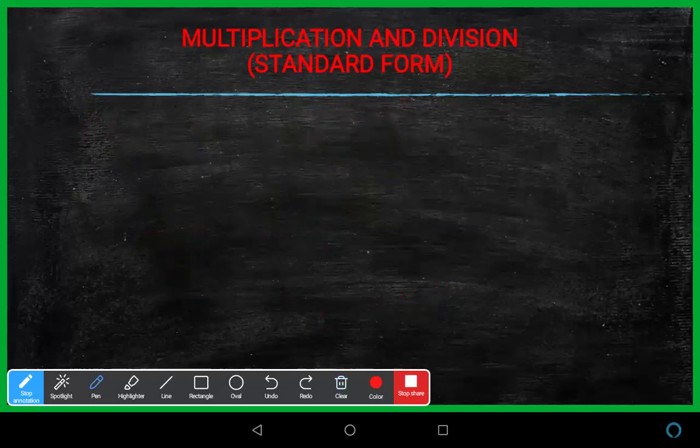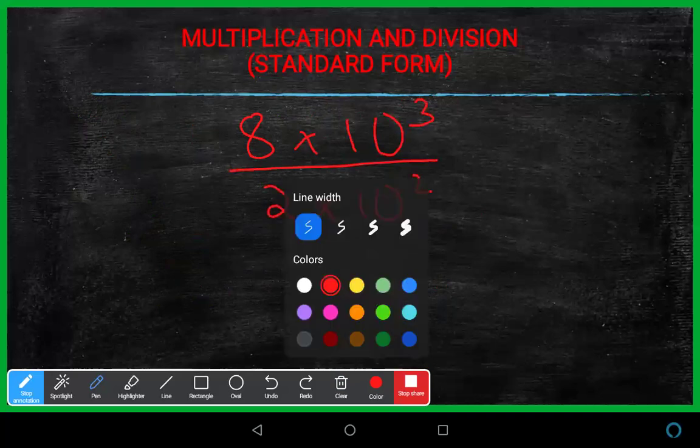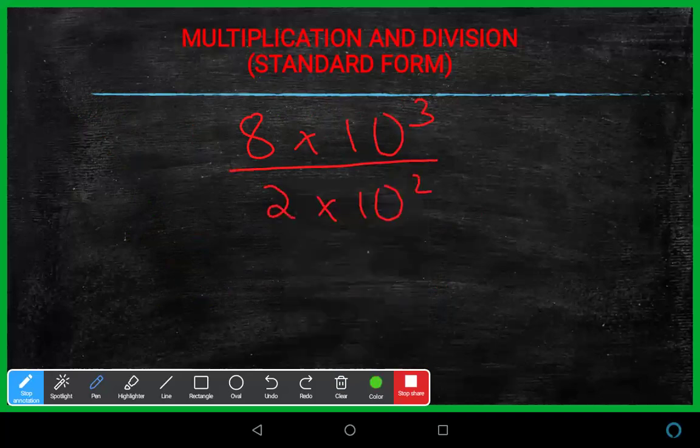Now, division. For example, 8 multiplied by 10 to the power 3 divided by 2 multiplied by 10 to the power 2. Now, as we saw in multiplication, do the same in division. Just divide the numbers first. 2 fours are 8, so we have 4.